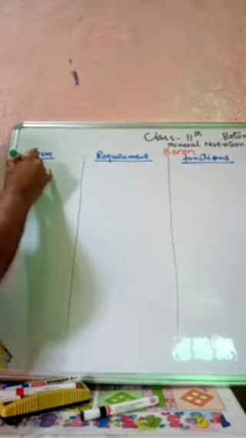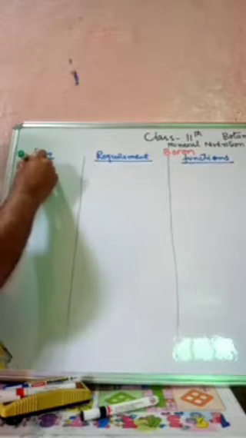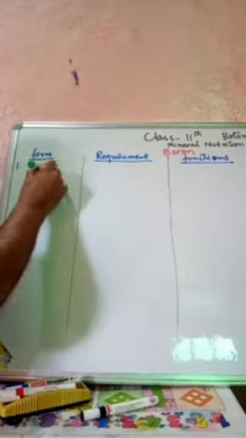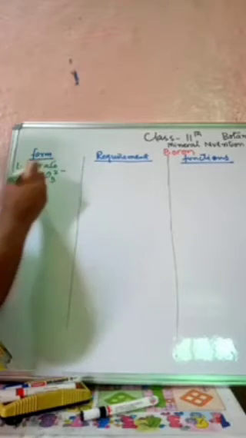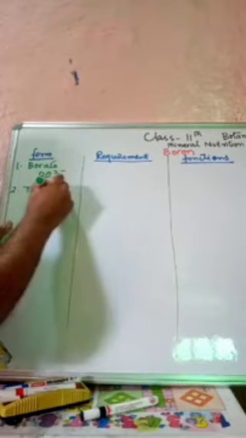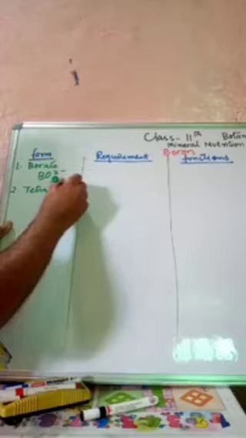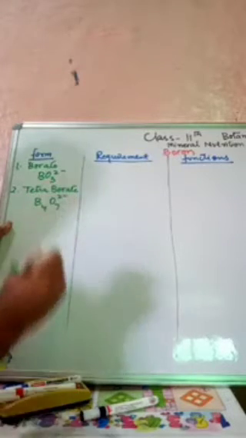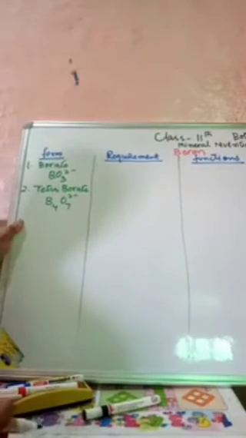First one is called borate, and second one is the tetraborate, B4O7 2 negative. So these are the two different forms in which it is mainly absorbed.